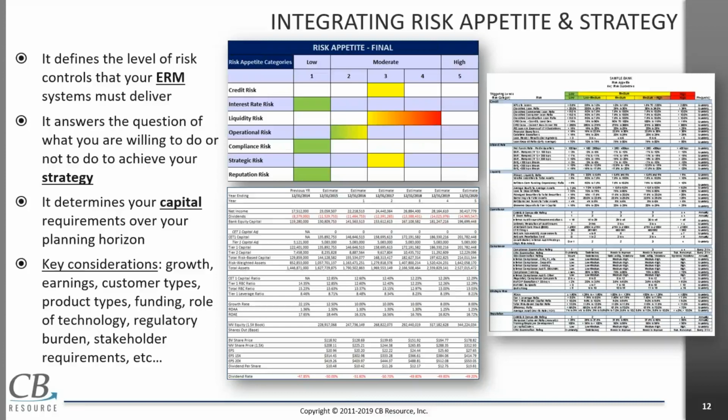So again, when you think about tying in your risk appetite and your strategic planning process, think about your growth, think about what you're trying to do with earnings, think about customer types, product types, how you're going to fund the business, the role of technology, the regulatory considerations. For those of us that are in legal marijuana states, you might be evaluating strategically to support this liquidity need or this funding need that ultimately you want to bank cannabis companies or marijuana-related businesses.